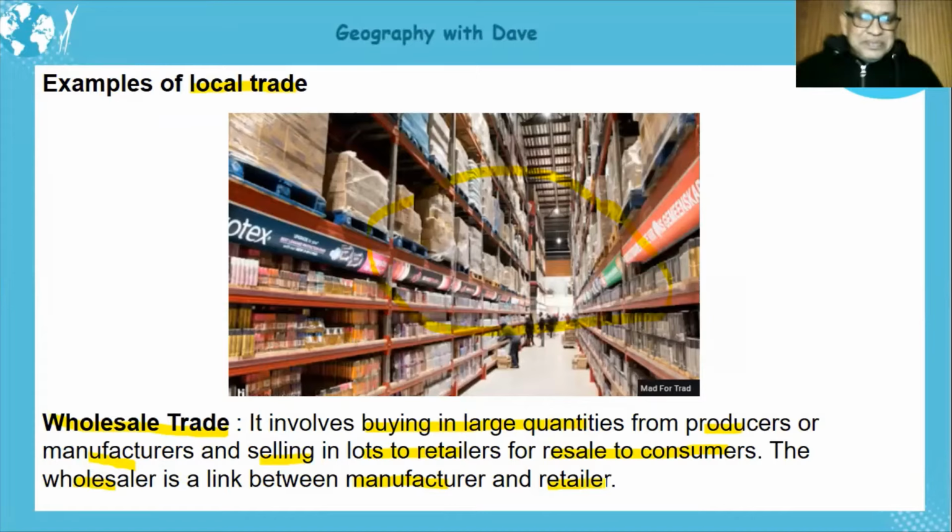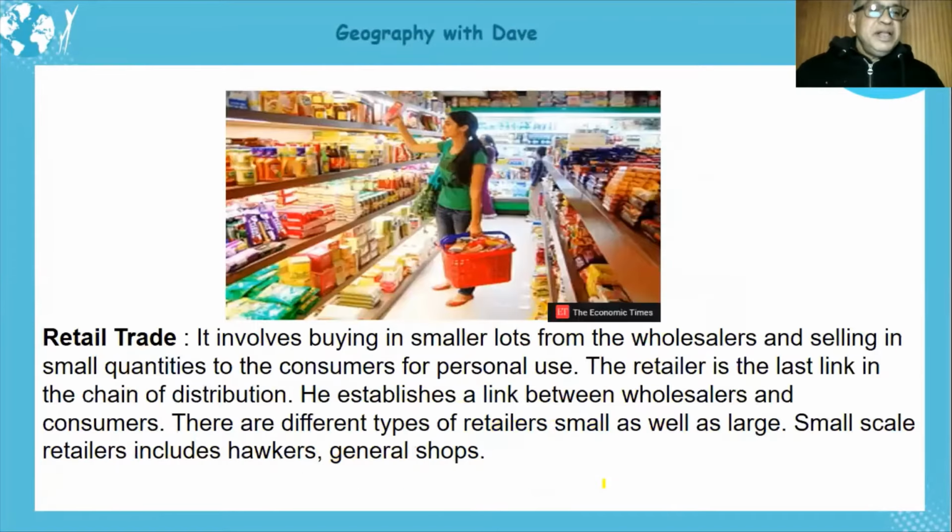Then we get retail trade. These are the retailers. I'm talking generally now. They are the retailers who buy from the wholesalers. It involves buying smaller lots from wholesalers and selling in small quantities to the consumer for personal use.